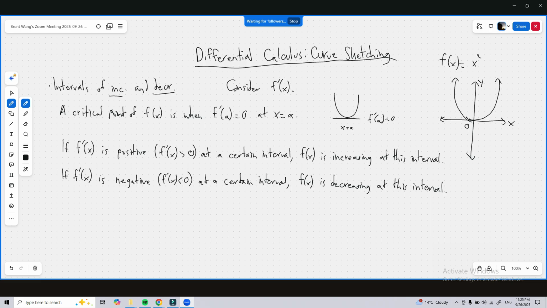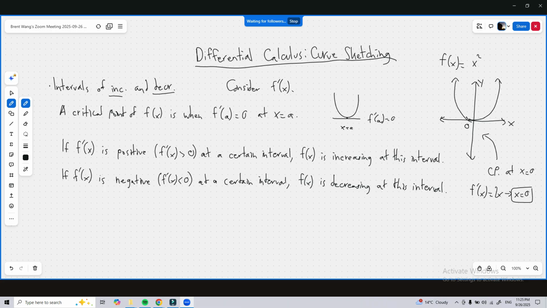Here the critical point, or CP, is at x equals 0. You can tell by looking at the graph, but you know that f prime of x would equal 2x, and that leads to x equals 0.